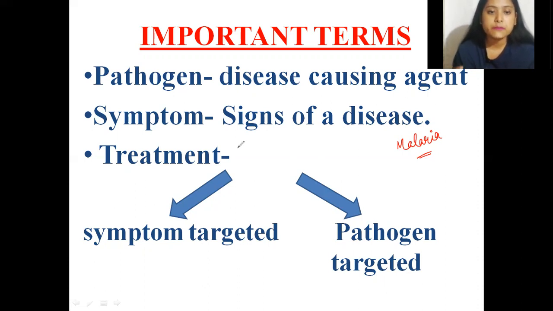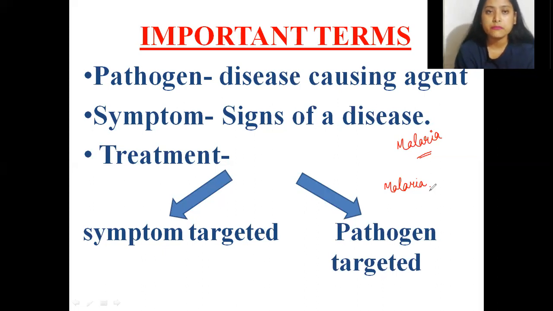Treatment is a process after diagnosis. If you are diagnosed with a certain disease and you take medication, that is what we call treatment, but it may be either symptom targeted or pathogen targeted. Again, take the example of malaria. In malaria you will feel feverish and your body temperature is going to increase, as I have already mentioned.